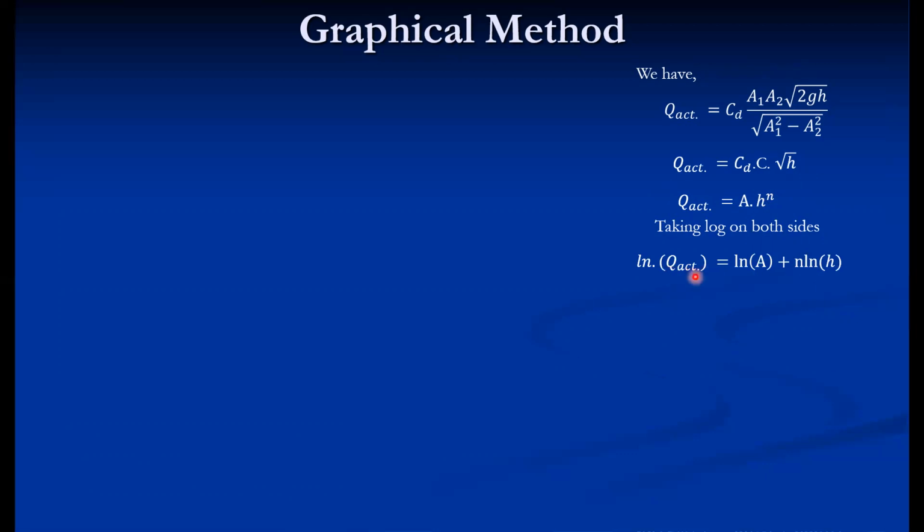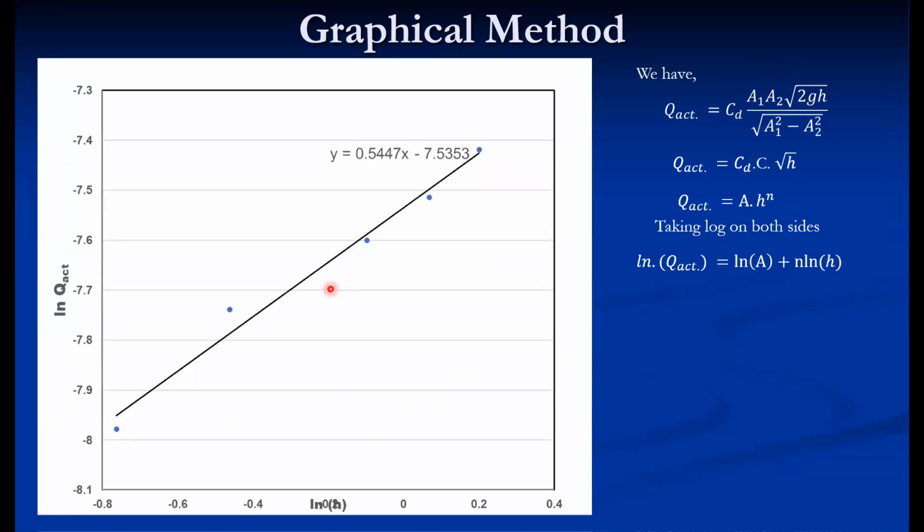So this equation is nothing but the equation of a line, y is equal to mx plus c, where n is the slope of the line. If we take the values of log Q actual and log H, and plot log Q actual on the y-axis and log H on the x-axis, we already have the 5 or 6 values of Q actual and h values.